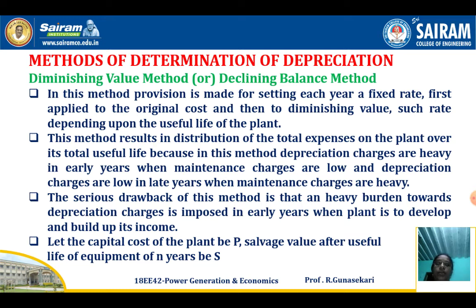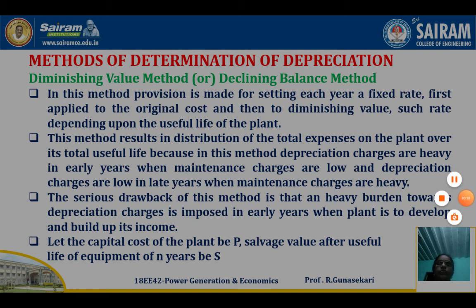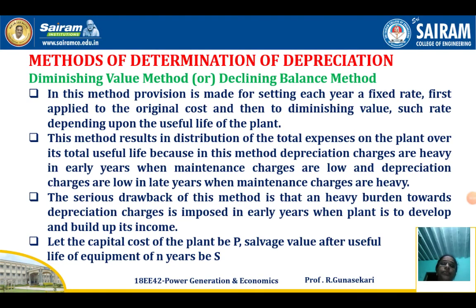Then, the diminishing value method or declining balance method. In this method, provision is made for setting aside each year a fixed rate, first applied to the original cost and then to the diminishing value, such rate depending upon the useful life of the plant, that is small n.